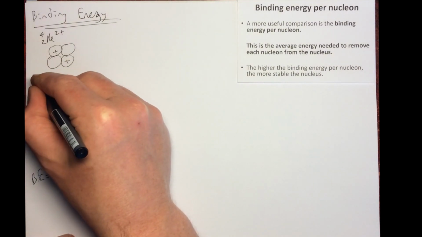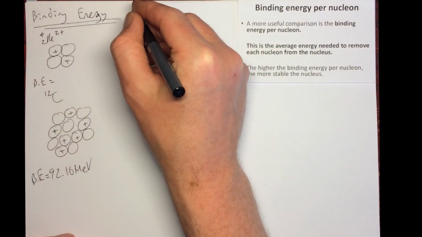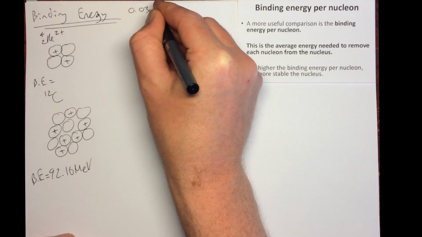Now we also know the binding energy of helium-4, because earlier on we worked out that the mass defect of helium was 0.03037.